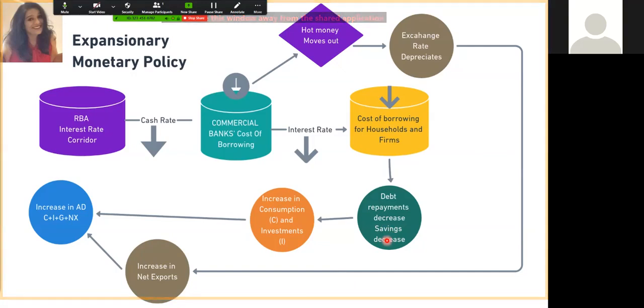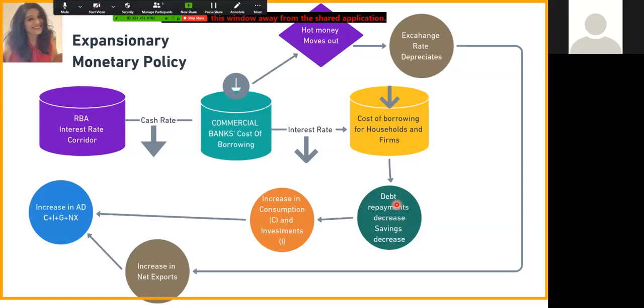The savings will decrease, and consumption would increase, because now you're left with more money in hand because your debt repayments have gone down. And also, in our earlier lectures, we have done how a lower interest rate means more investment because the cost of borrowing is less.